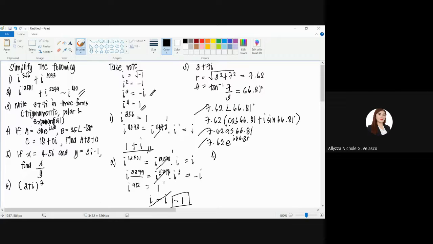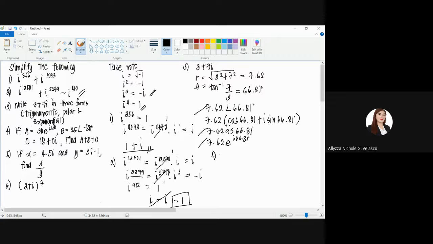Since magkakaiba siya ng form, like yung letter A natin is naka-exponential, yung B is naka-polar, and yung C ay naka-rectangular. So, i-convert lang natin siya sa pare-parehong forms. So, the easiest way is the rectangular. So, paano natin siya i-convert?